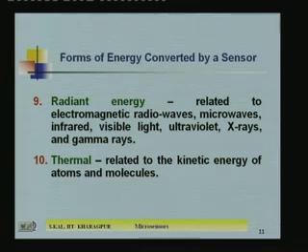And the last form which is shown here is the thermal energy. Thermal energy is related basically to kinetic energy of atoms and molecules. You know, if the kinetic energy increases, the temperature of that body also increases. So, it is directly related to the kinetic energy.